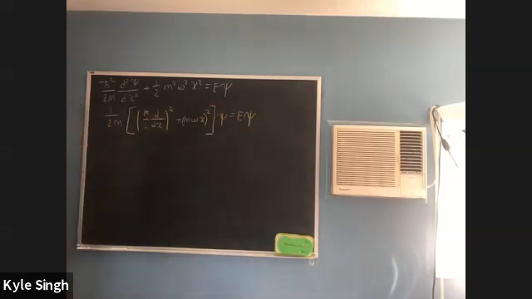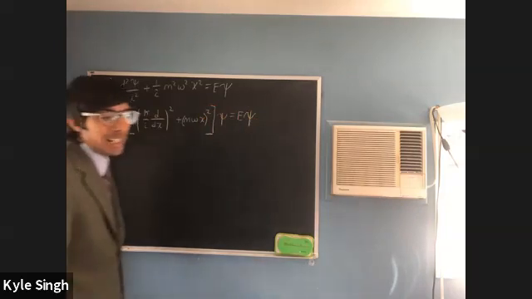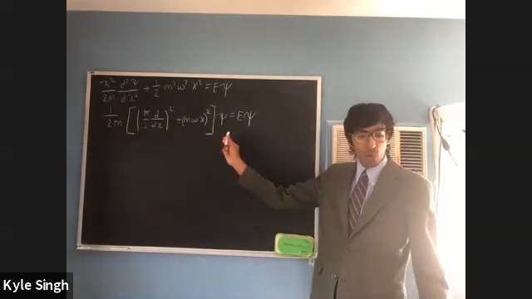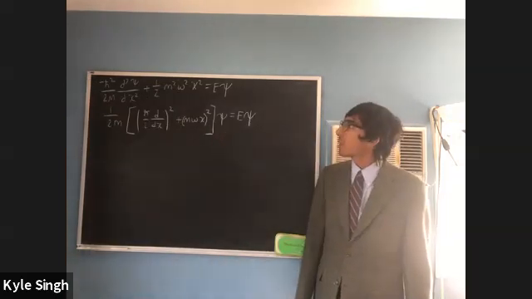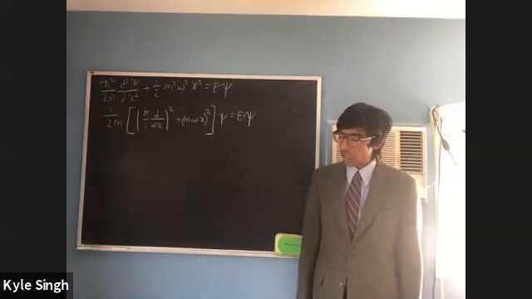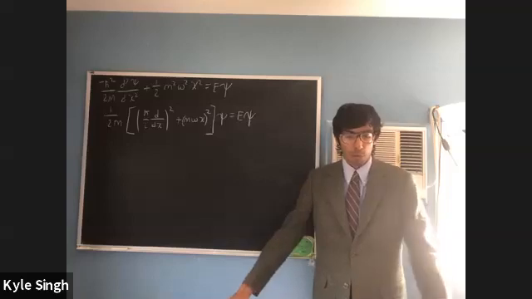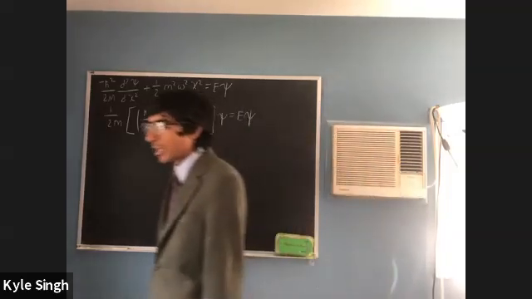Okay, so I've sort of reformatted my equation. And you might say, why did he do that? Well, because it's going to be much easier to solve it in this form. Usually when you have some complicated thing you want to solve, the first thing you should ask yourself is, what can I do to it algebraically to make it more approachable? That's always what you want to do. Okay.